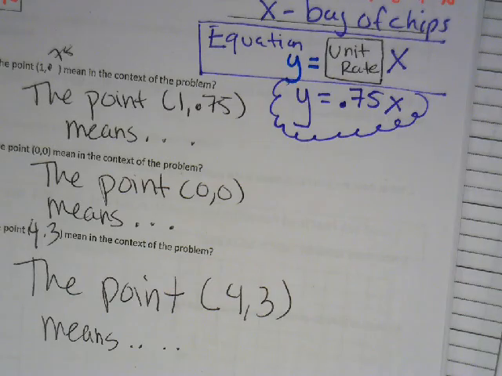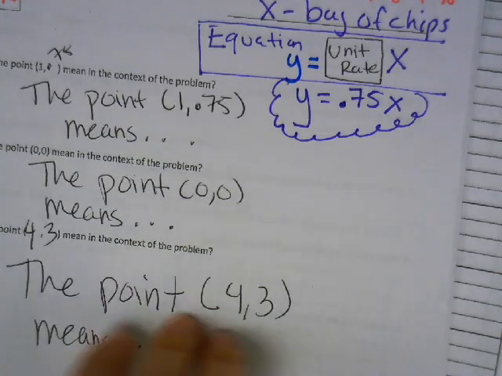Where did I get 0.75? Because we divided it. That's your unit rate. And then x. That's it. That's your equation. They do get harder as you go up in math, but in 7th grade it's just this: y equals unit rate x.